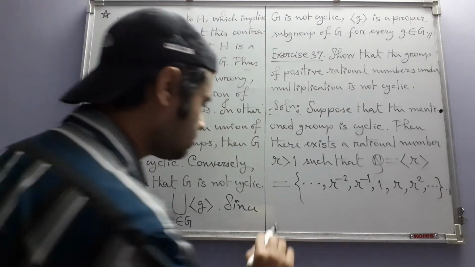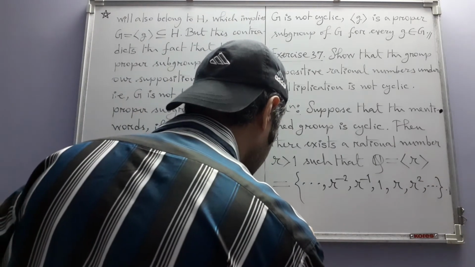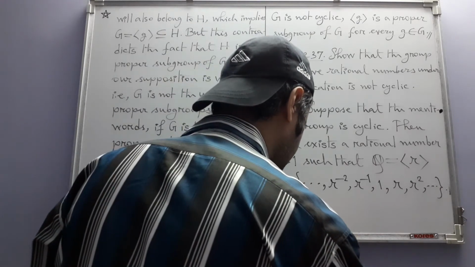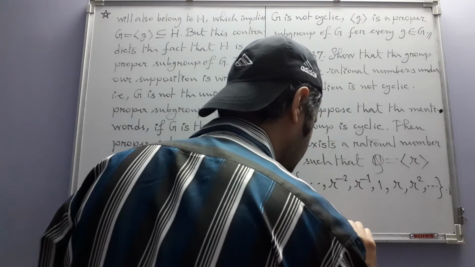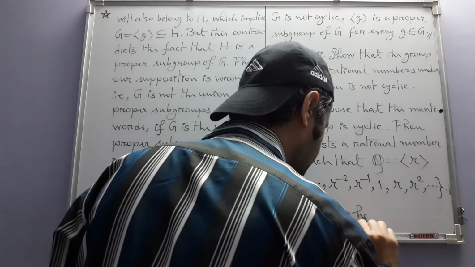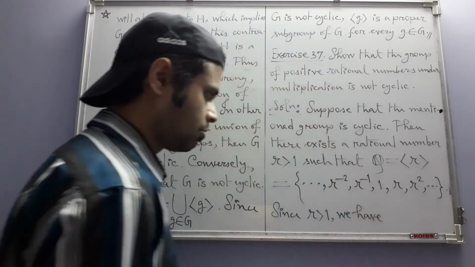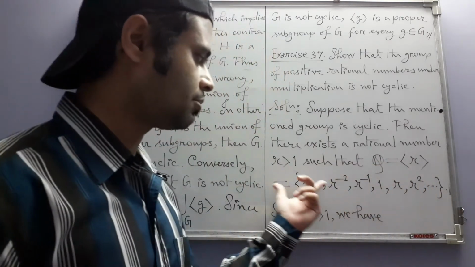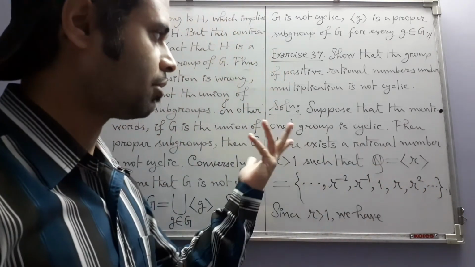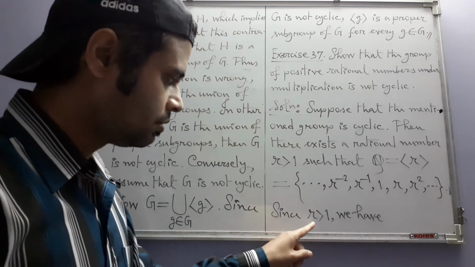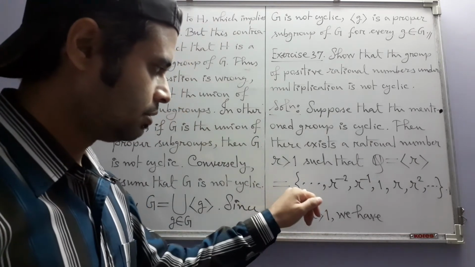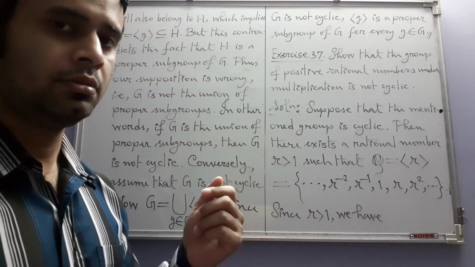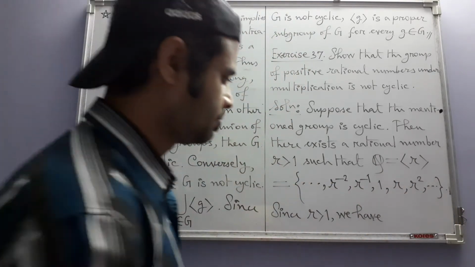Okay, since r is greater than 1, we have, not only can we list the elements of Q like this because of our supposition, but because of this condition, this is the natural order of these rational numbers.